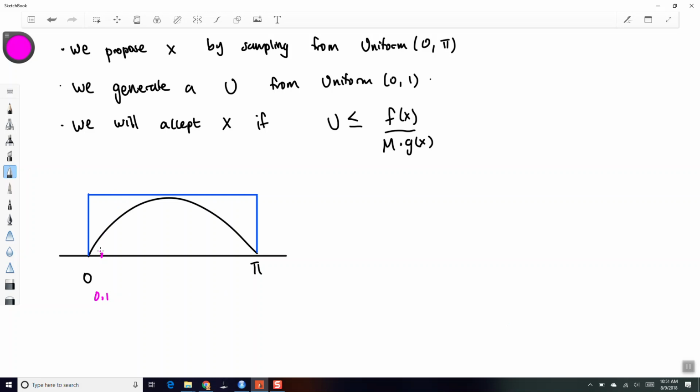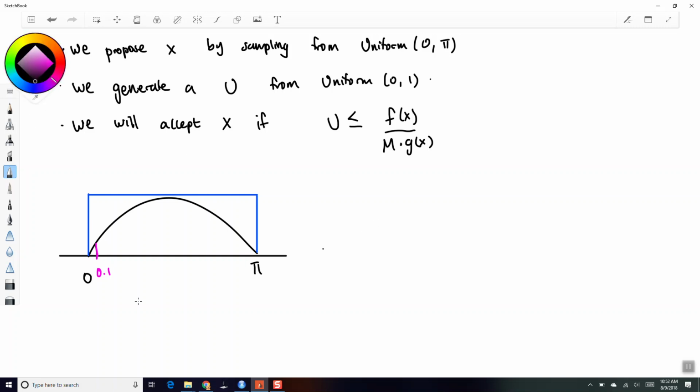Now, according to the PDF, let's say this is 0.1, and values like 0.1 should not appear very often in our sample, right? Because the value of the PDF here is pretty low, okay?